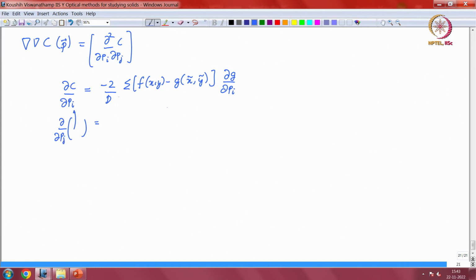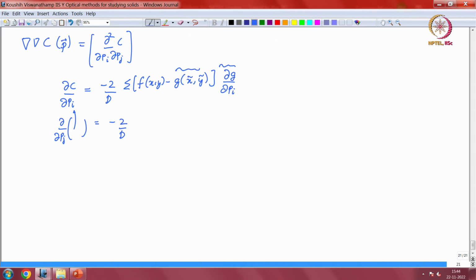Remember again, d does not depend on any of the p's because it depends only on x and y in the undeformed configuration. So, that does not matter. The only thing you will have to now remember, so I will have the 2 by d out, is that now you have two terms that contain p j, one is this and one is this. So, we will act on them one after the other.